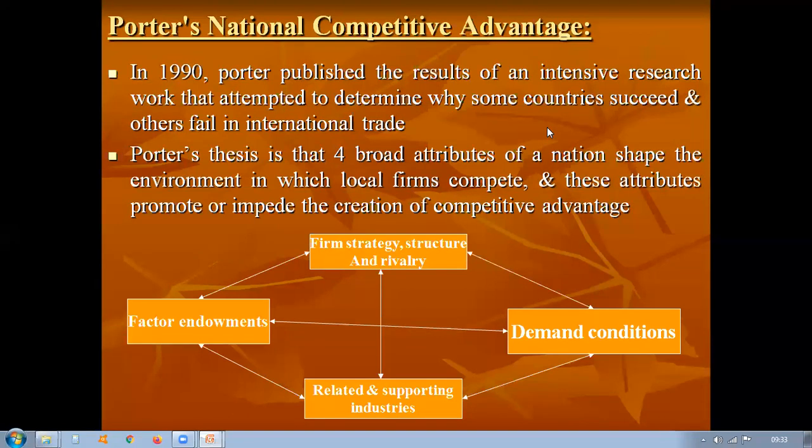International trade takes place due to differences in opportunity cost. So, summing up all the theories overall, international trade takes place due to differences in opportunity cost.